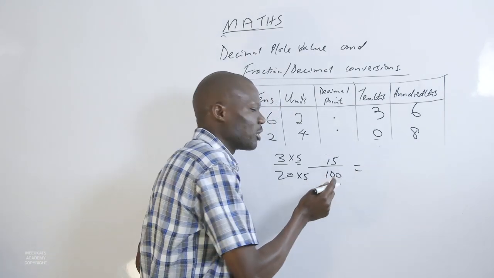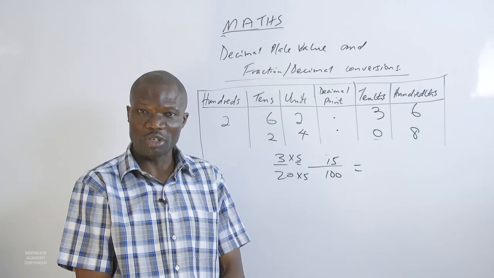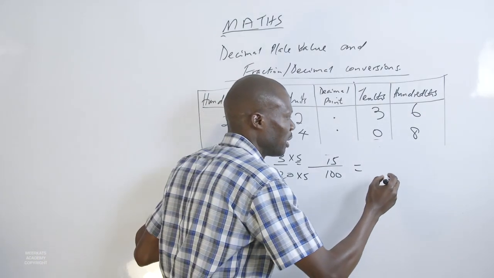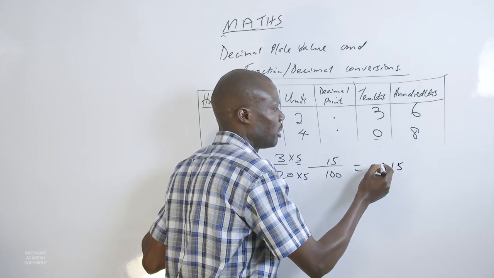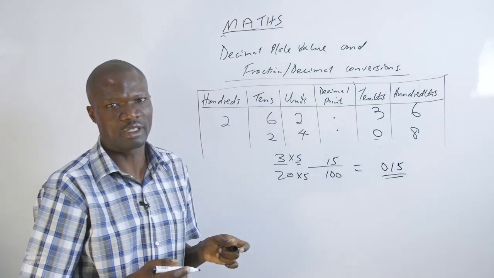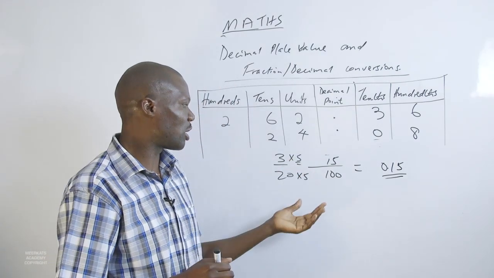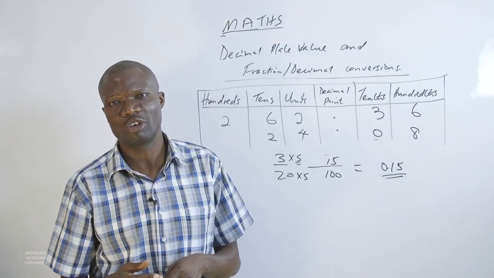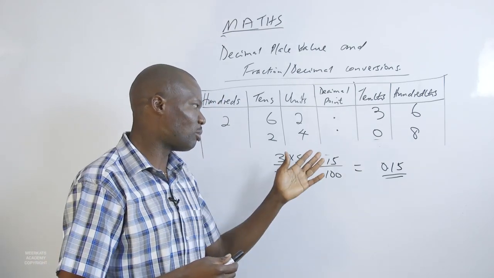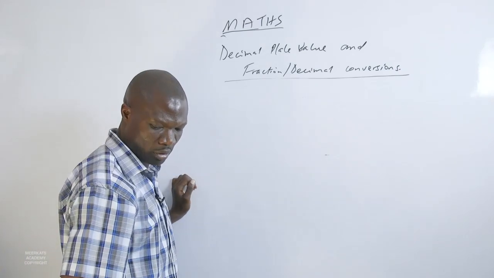So how many zeros are there? 2. So how many decimal places do we expect it to have? 2. So just go and write there 15, 1, 2, that is a decimal point, and you have your answer. So to convert such, you must make sure that you change the denominator to be a power of 10 or a multiple of 10, and then you move ahead and do the conversion.